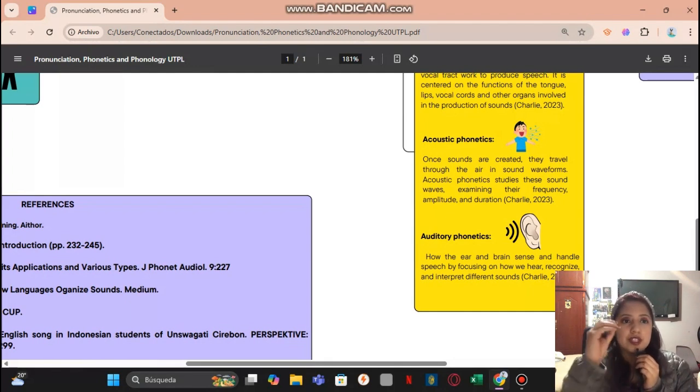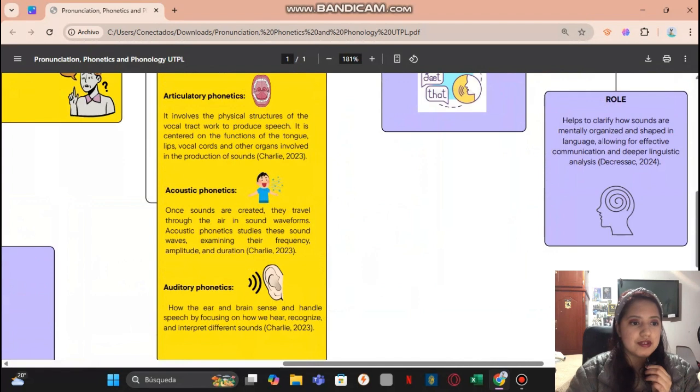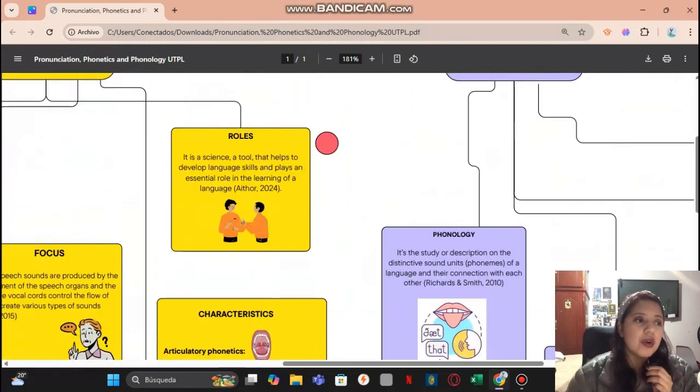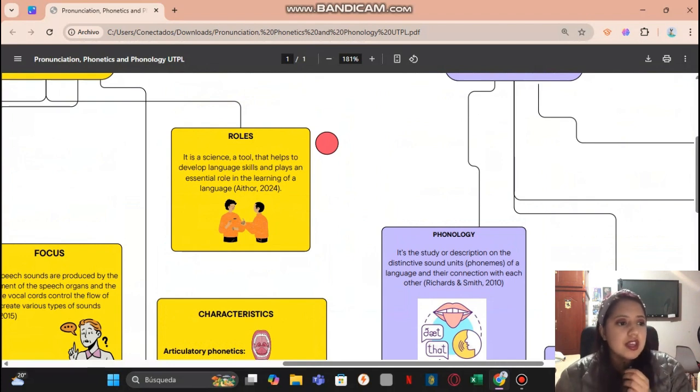Like when a person speaks, the sound goes through the air to the listener, and how they recognize and interpret the different sounds. The role of phonetics is that it plays an important role in learning a language.